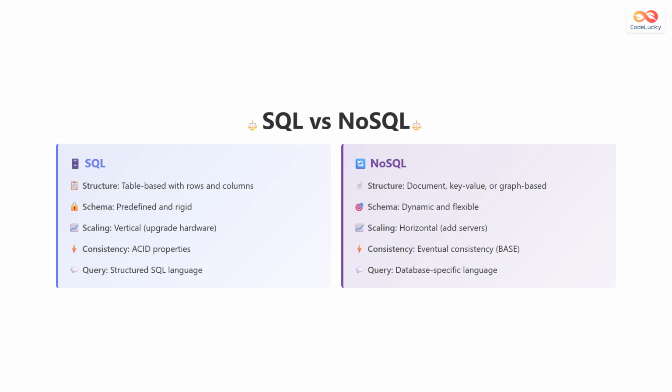NoSQL uses eventual consistency, known as BASE properties, which means your data might temporarily be inconsistent across servers but becomes consistent eventually. Finally, the query language differs. SQL uses standard SQL syntax understood everywhere. NoSQL databases use database-specific languages or formats like JavaScript Object Notation or XML.